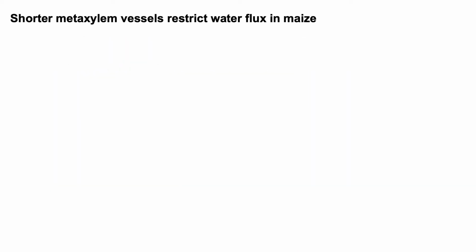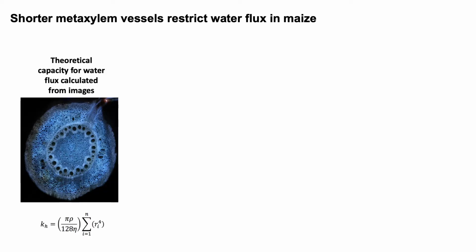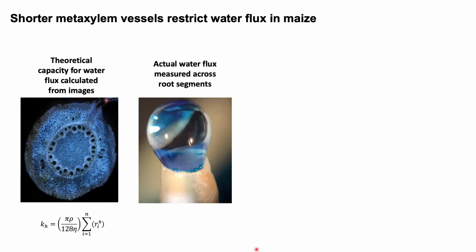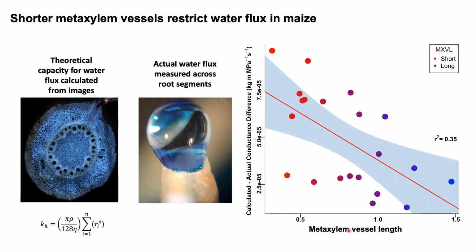To determine the effect of xylem vessel length on water flow, Chris compared the theoretical conductance, measured by applying the Hagen-Poiseuille equation to measurements of xylem vessel diameters from root cross-sections, with actual water flux through root segments at known pressure head. And he found that vessel length was associated with the ability of root water flux to approach its theoretical capacity.